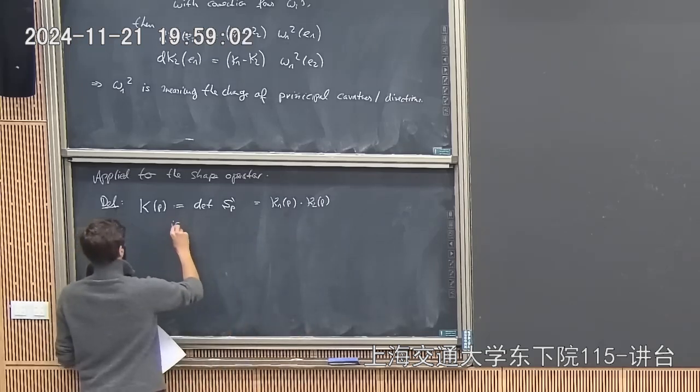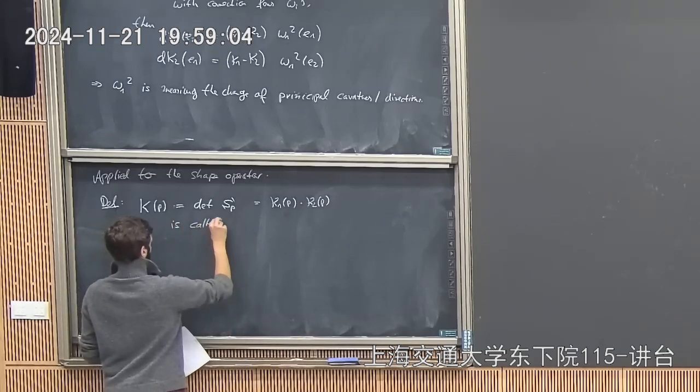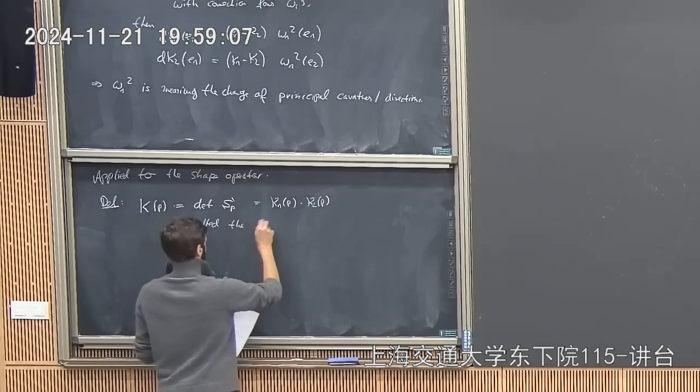And this one is called the Gaussian curvature.